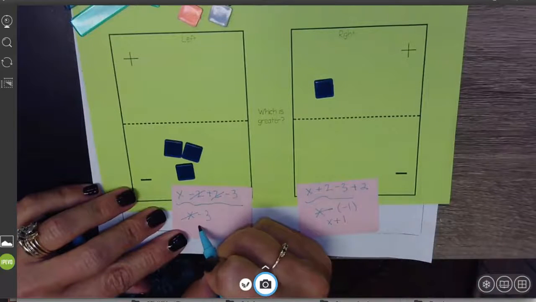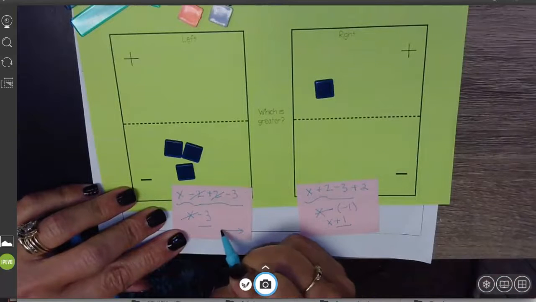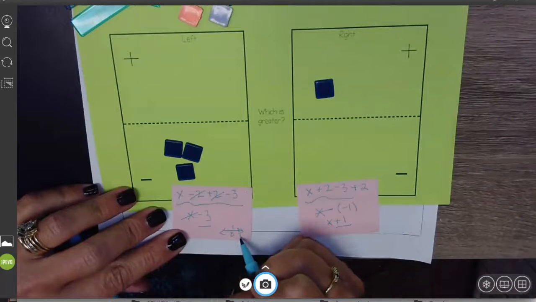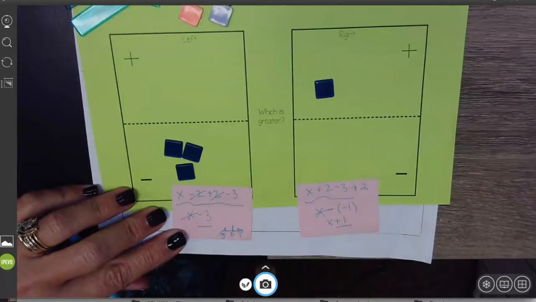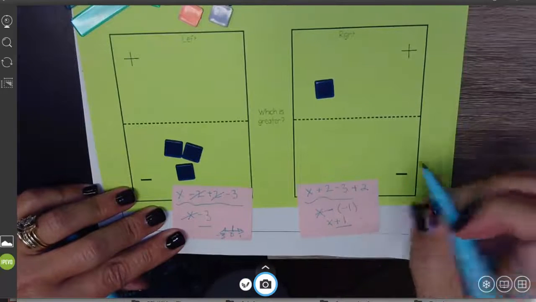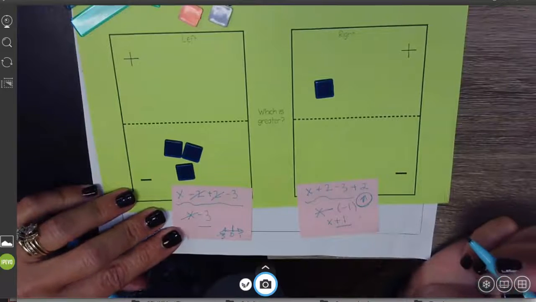So now I'm left with a -3 and a +1. If I think about a number line and where those are located, 1 is on the right side of 0, and -3 is on the left side of 0. So I would think about which one of those is larger. Well, 1 is larger, so my right side is going to be my greater expression.